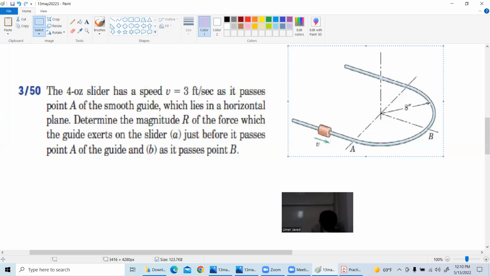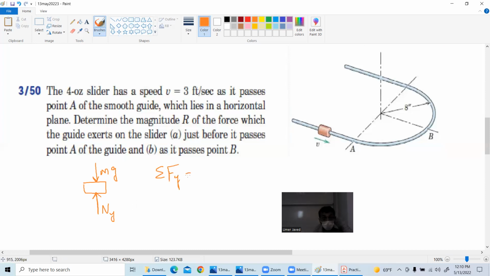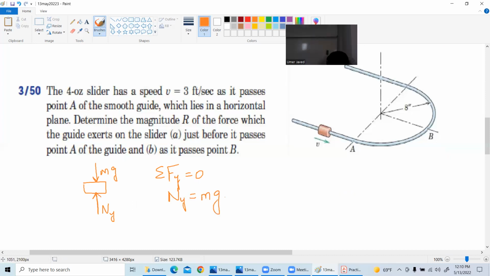Okay, so we will have a nice and beautiful diagram. We have mg, then we have Ny, and you can say the summation of forces in the y direction is equal to 0. So Ny is equal to mg.